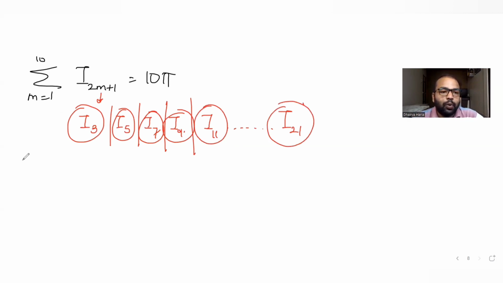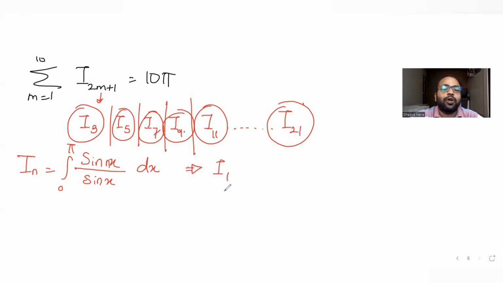We already know I_n was the integral from 0 to pi of sin nx upon sin x dx. So this was given to us. Now if I put 1 instead of n, I get the integral from 0 to pi of sin x upon sin x.